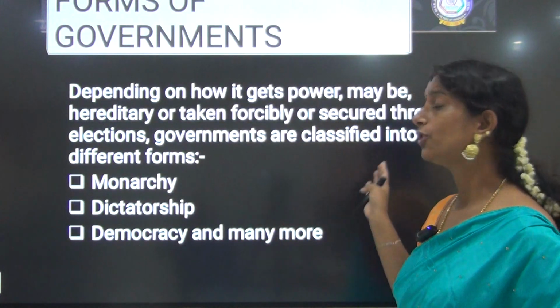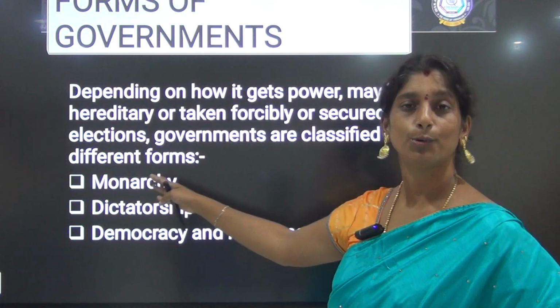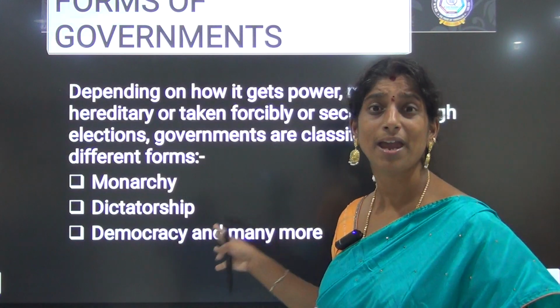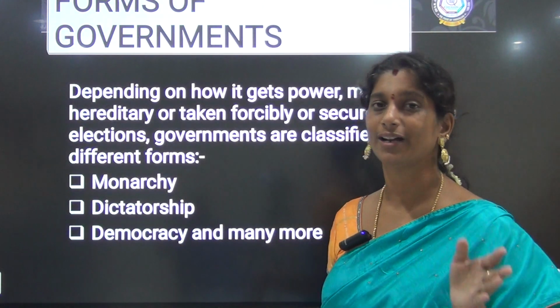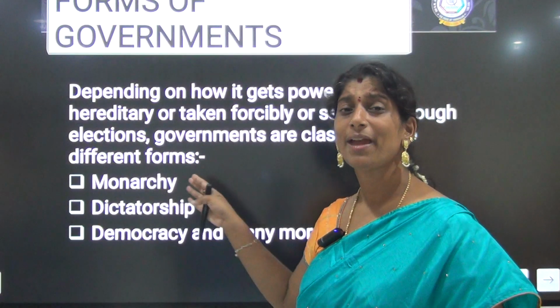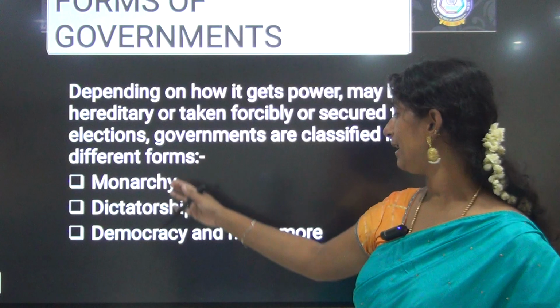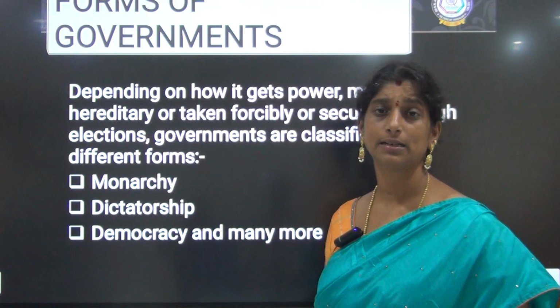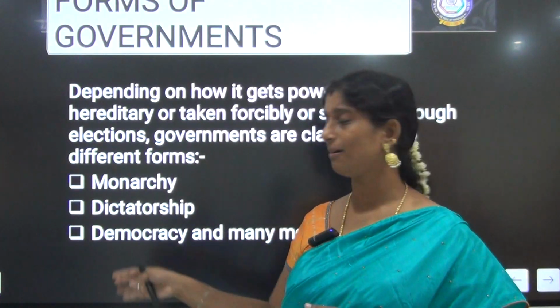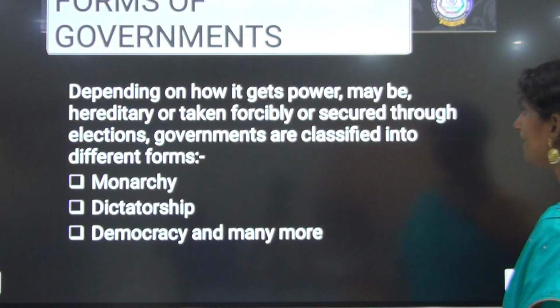Based on that, the government is divided into monarchy and others. These are the main forms of government which are prevalent even today. So monarchy, dictatorship, democracy, and many more forms are there, but these three are the most important forms of government.